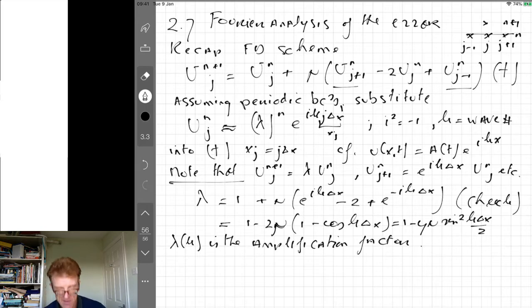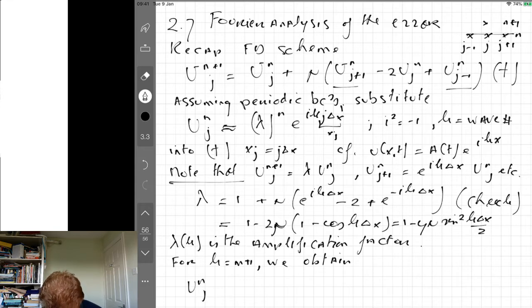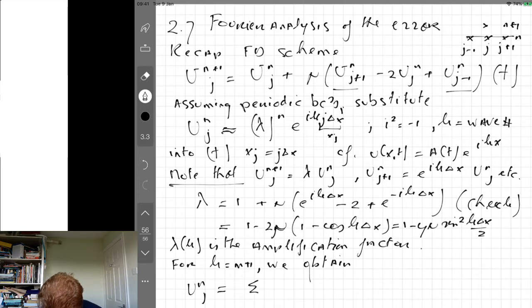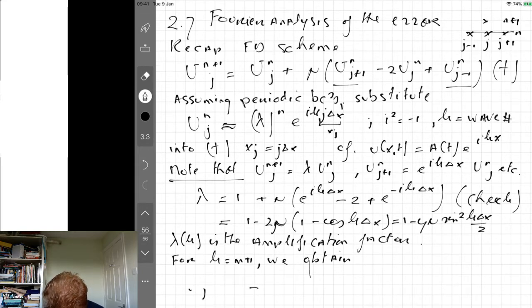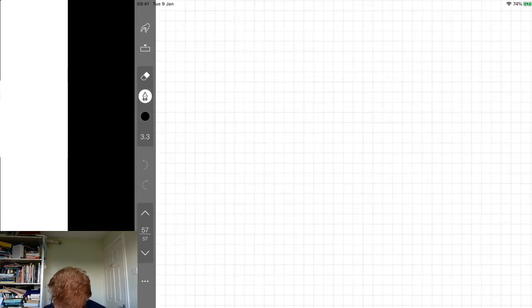So let's see for which k it's the worst. For k is m pi with m an integer, we can write u_j^n as the sum of a whole range of solutions.